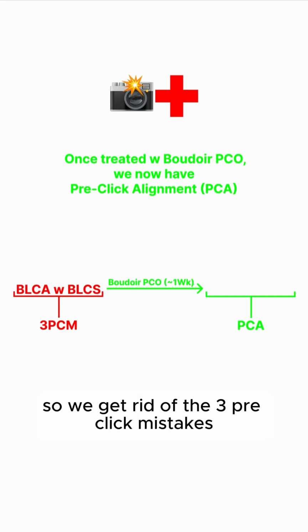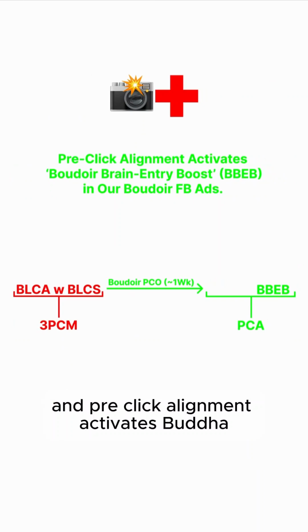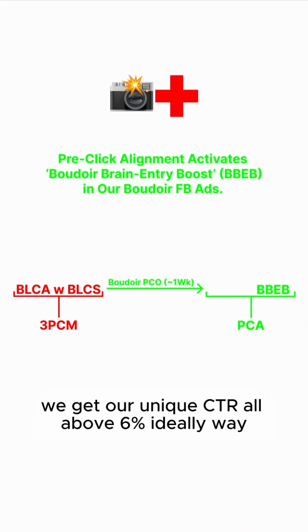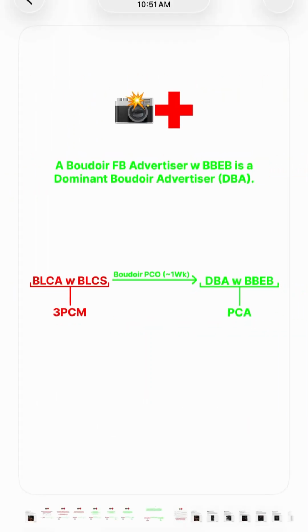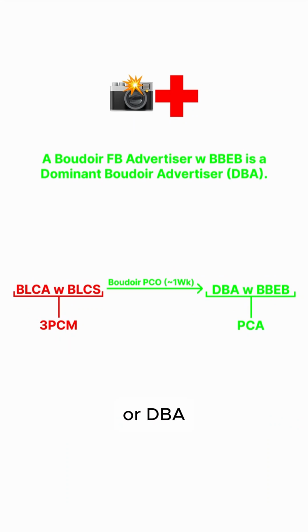So we get rid of the 3 pre-click mistakes. We achieve pre-click alignment. And pre-click alignment activates Boudoir brain entry boost in our Boudoir Facebook ads. Basically, we get our unique CTR all above 6%, ideally way, way, way above it. And a Boudoir Facebook advertiser with Boudoir brain entry boost is a dominant Boudoir advertiser, a DBA.